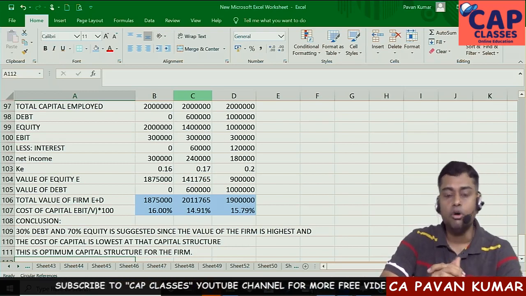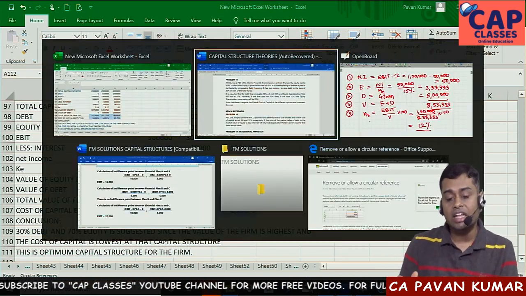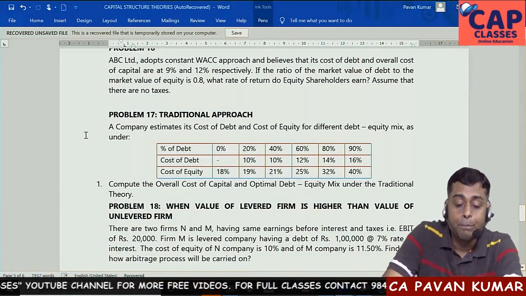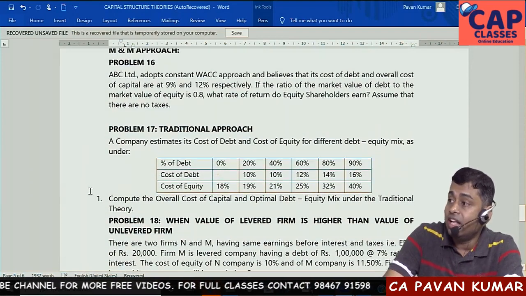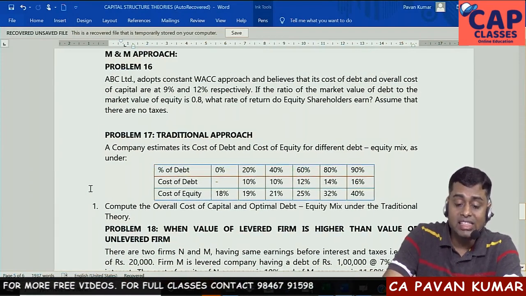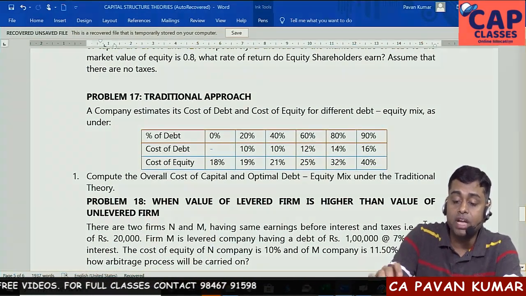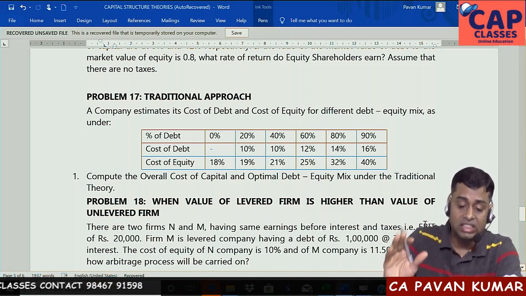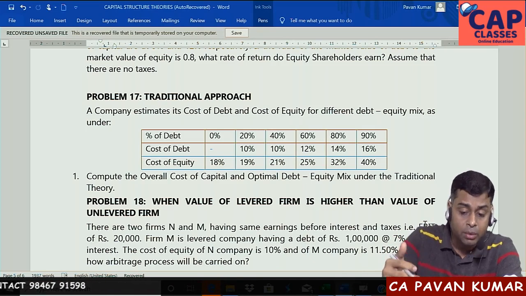We have one more question on traditional approach. Let us solve that also. Problem number 17. A company estimates its cost of debt and cost of equity for different debt equity mix as under. Percentage of debt 0, cost of debt 0 and equity 18%.